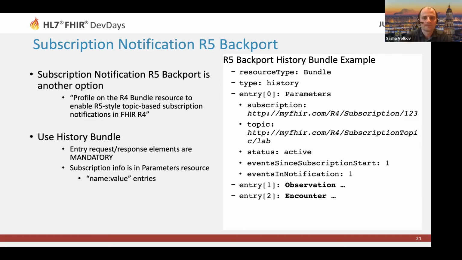You can use parameters, basically name-value pairs: whatever the subscription has, such as the topic or status, or for the events, how many matches have happened, you can put everything into the parameters. Then followed by all the entries within a bundle, you can represent observation, encounter, patient, and other things. It fits into the R4 bundle representation, even though it's in the style of R5.